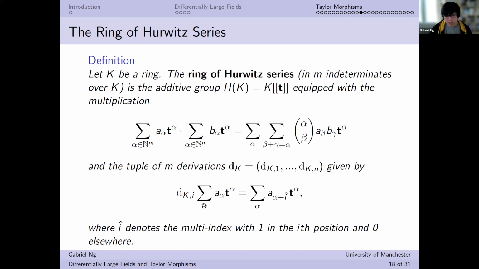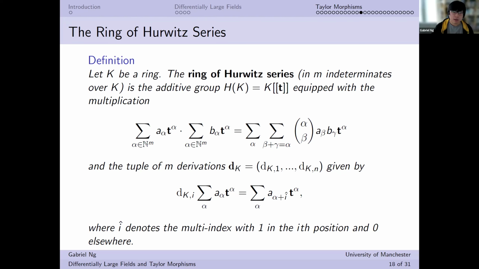To make it simpler, if you just think of the one derivation case, each Hurwitz series you can think of as just a normal power series, and the derivation is given precisely by shifting all the coefficients down by 1.